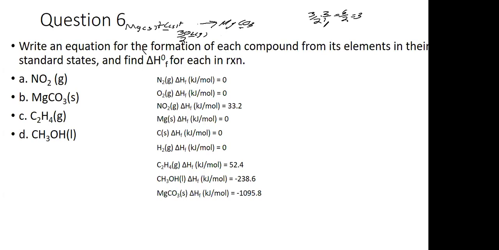So it's products minus reactants. So we do our products first. So MgCO3, we have 1 mole of that multiplied by negative 1095.8, which is given from the table. And from that, we're going to subtract all our reactants. So Mg first, 1 mole of that multiplied by 0, plus carbon next, 1 multiplied by 0, plus now oxygen.